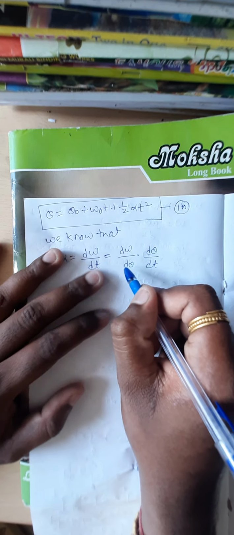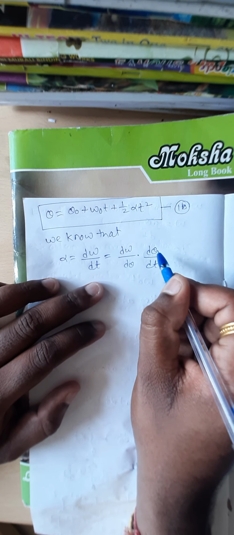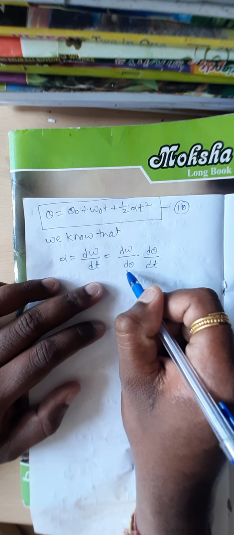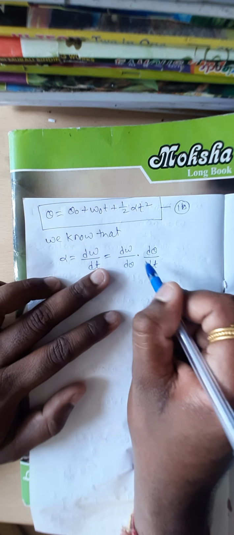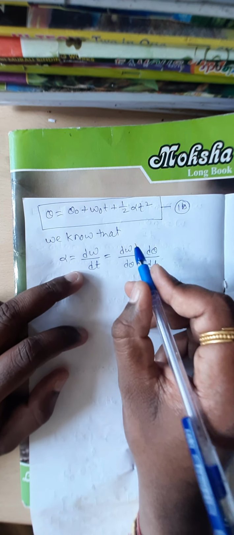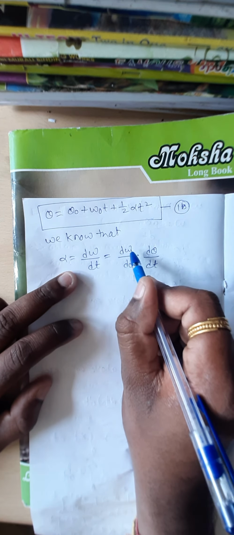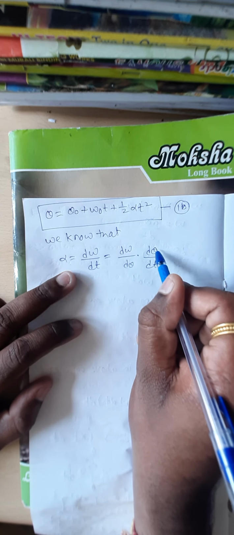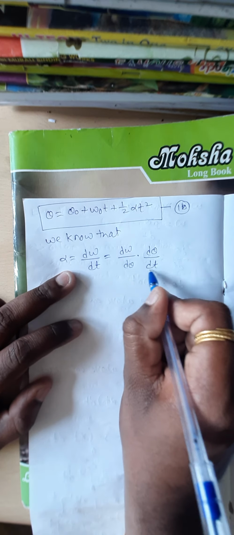Here d theta cancels, and we get the same d omega by dt. Therefore alpha is equal to d omega by d theta into d theta by dt.